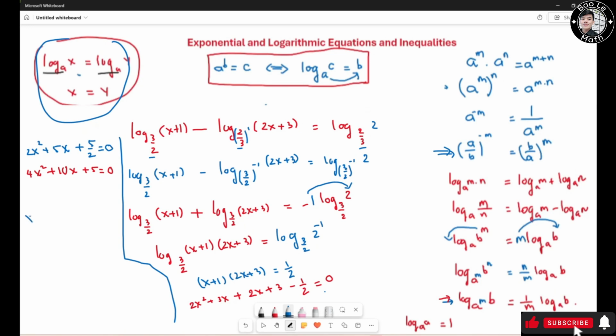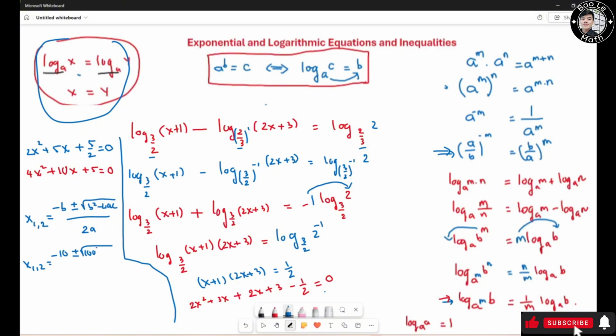Now I'm going to use the quadratic formula to solve this one, right? So I have x1 and x2 equals negative b plus minus square root of b squared minus 4ac over 2a. Now I just substitute the values, so x1 and x2 equals negative b, which means negative 10, plus and minus square root of b squared, which means 100, right?